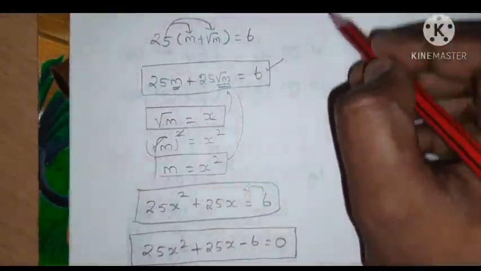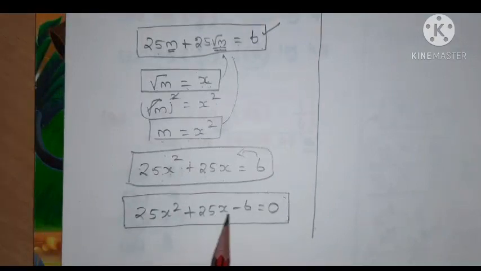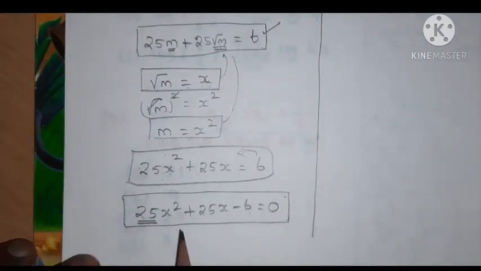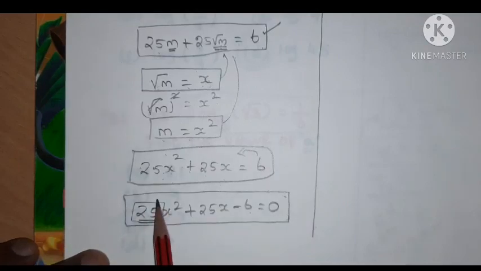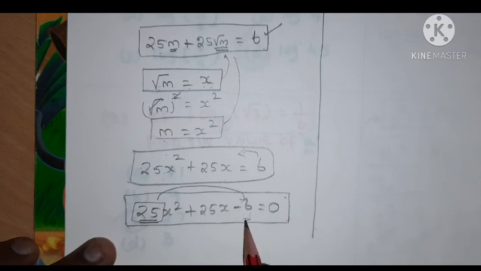Fine. How do we factorize it? Look at this expression, 25x squared plus 25x minus 6. Here we have a coefficient, so we have to take this value and multiply it with the constant. If we multiply 25 into 6, we get 150. So we assume the value over here is 150.